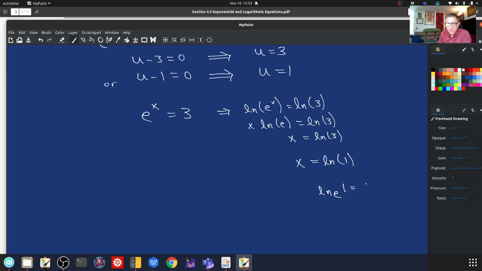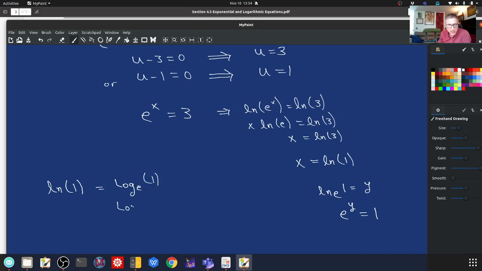So what number y, e raised to what value of y is equal to 1? Just so you're not confused, I know this is new for you, the natural log of 1 is the same thing as writing log to the base e of 1.